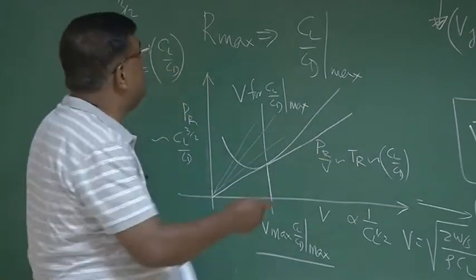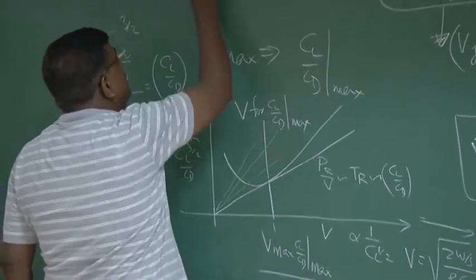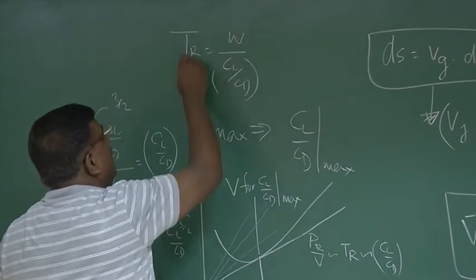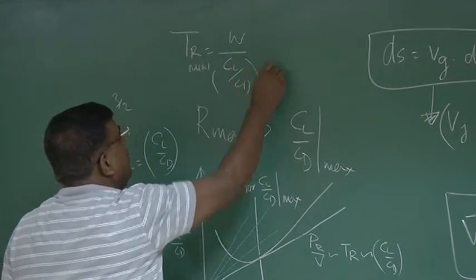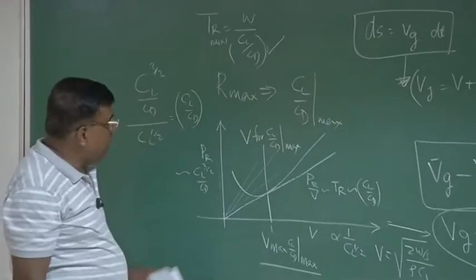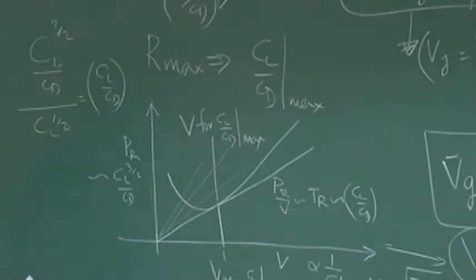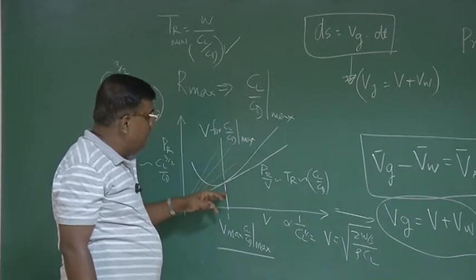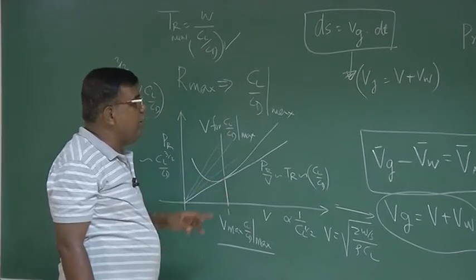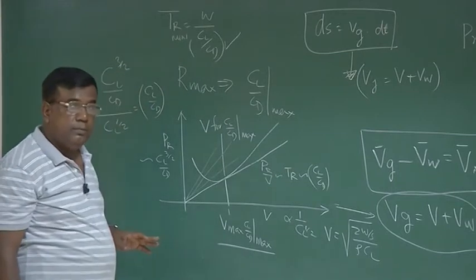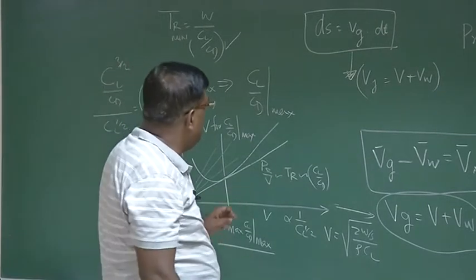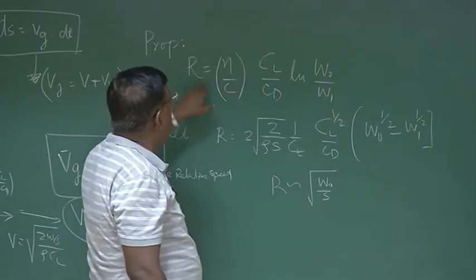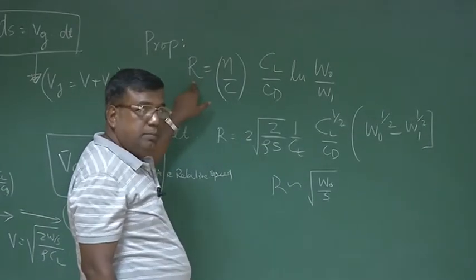That you know, thrust required is W by CL by CD. If thrust required is minimum, CL by CD has to be maximum. So from this slope also you get an interpretation that this is the velocity where if I fly, I will be flying at CL by CD maximum. Okay? And that will correspond to CL by CD maximum, which means I will get range maximum.